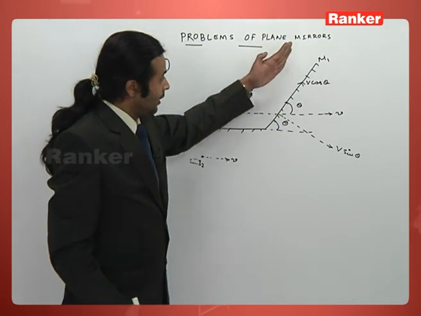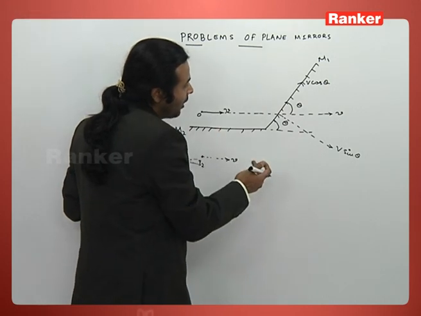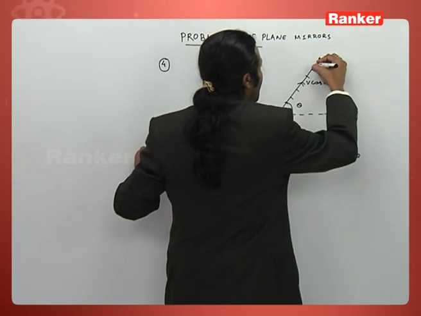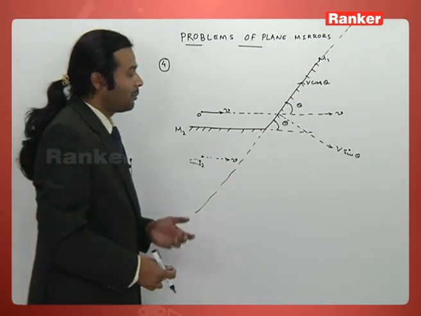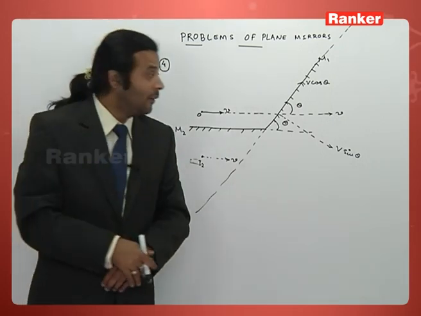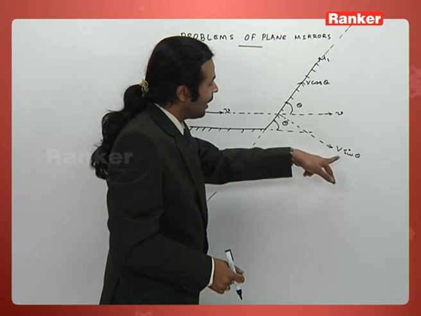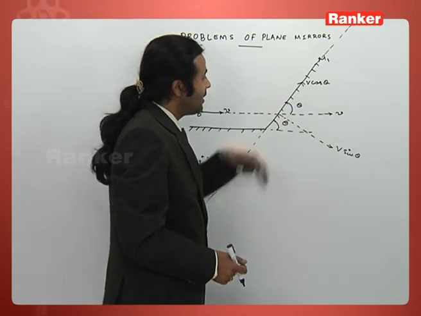Now always the mirror reflects the perpendicular component. That means if I extend this mirror like this, always wherever you want to find out the ray diagrams, you can extend the mirrors as far as possible according to your convenience of solving the problems. Now this mirror M1 will reflect v sin theta and the parallel component remains the same as it is.